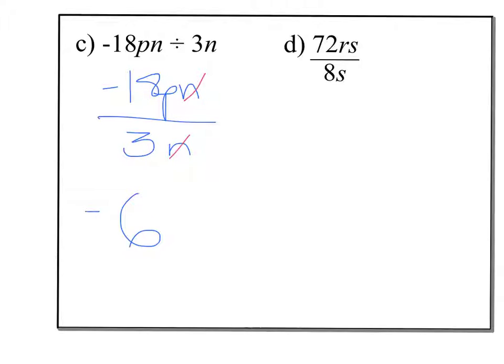The two N's cancel, leaving you with just P. And finally for D, 72 divided by 8 is 9. S and S cancel. So your answer is 9 times R.